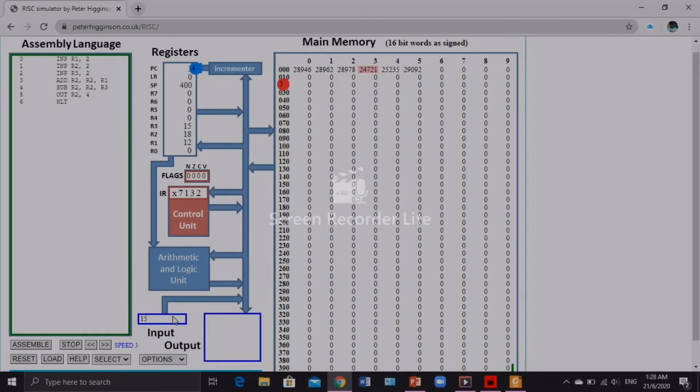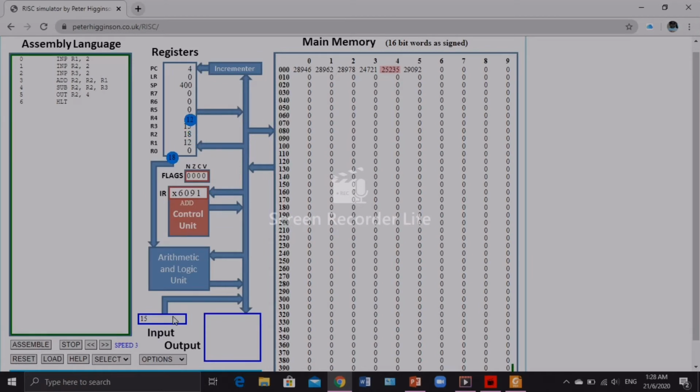The program counter increases through increment and holds the address of the particular instruction, which is to add. It fetches the data needed for the instruction from the main memory and stores it in the instruction register.